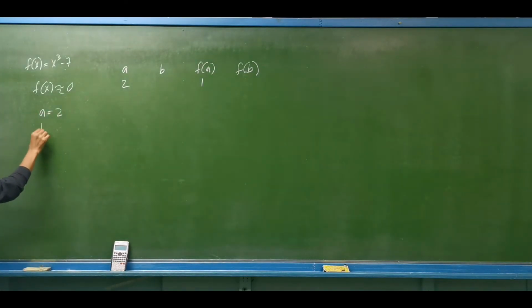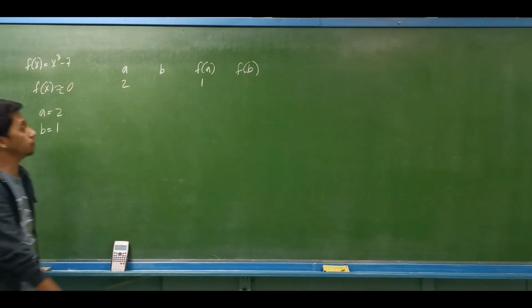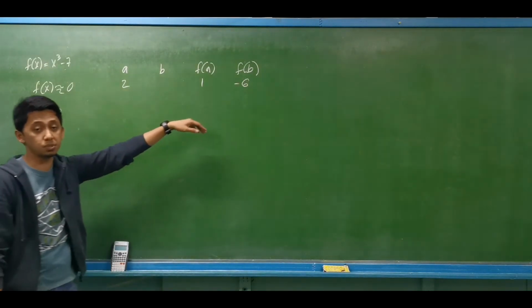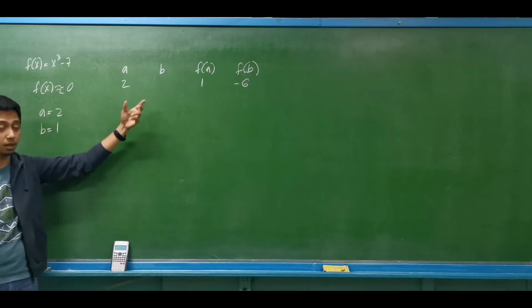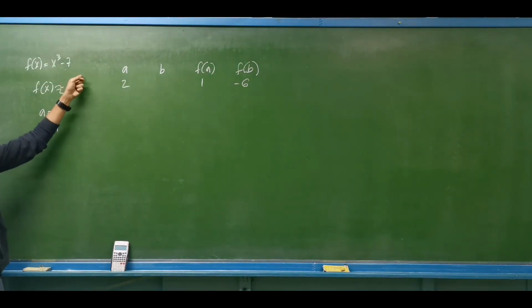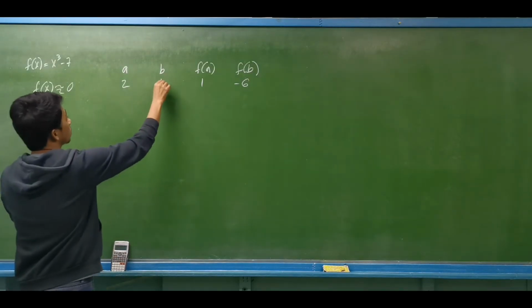Let's say our second guess for the value of b is 1. That is 1 cubed minus 7, 1 minus 7, a negative 6. So we have positive 1 and negative 6. We are sure that within this interval we have the root of this function, since we have the change in sign. So the value of b is 1.